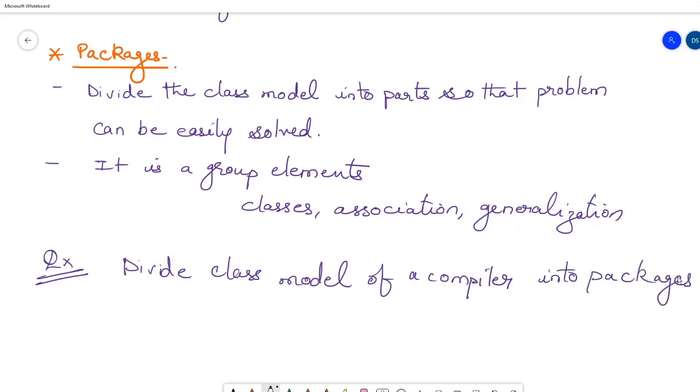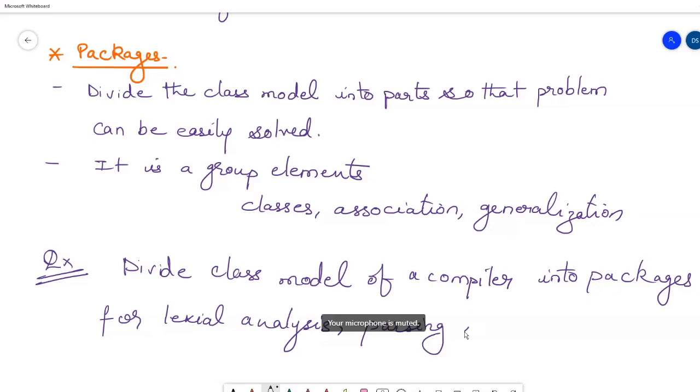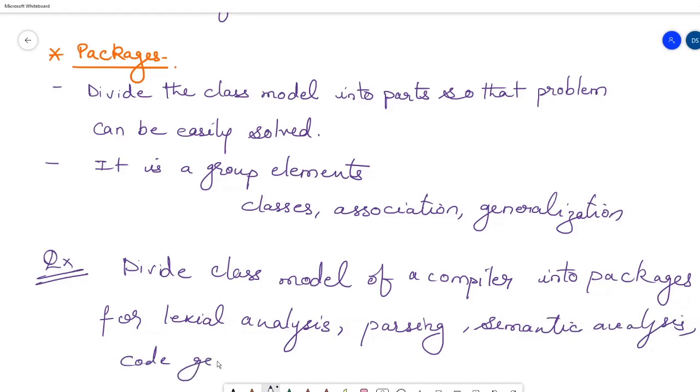For the class model of a compiler, we can divide it into lexical analysis, parsing, semantic analysis, code generation, and optimization.